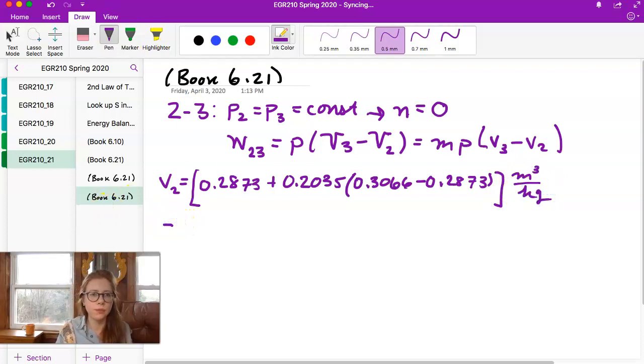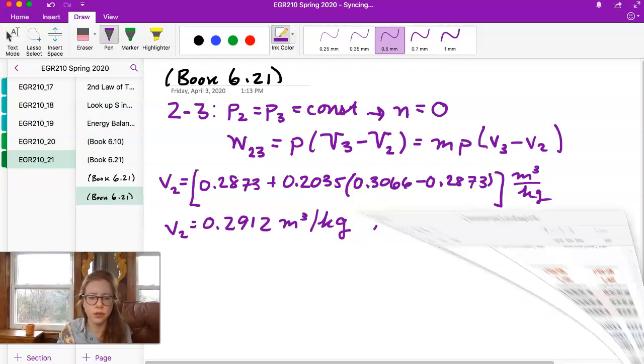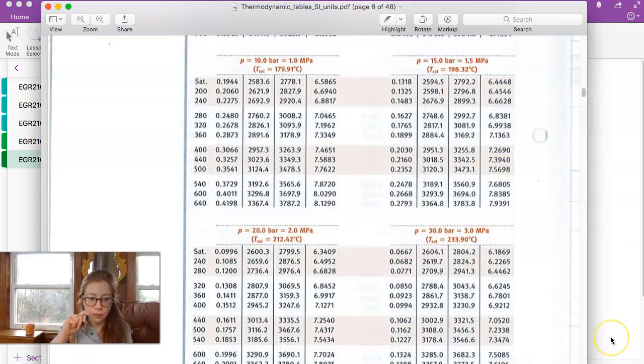So V2 is going to be 0.2912 meters cubed per kilogram. And then we can look up V3 in the tables. So V3 is for 400 degrees Celsius and 1 megapascal. So V3 is going to be 0.3066.